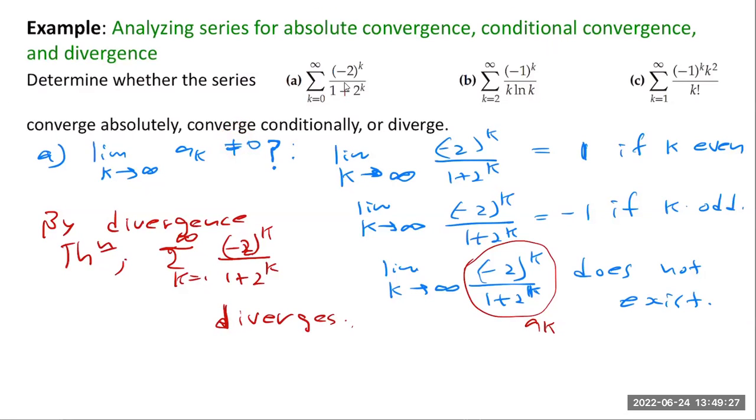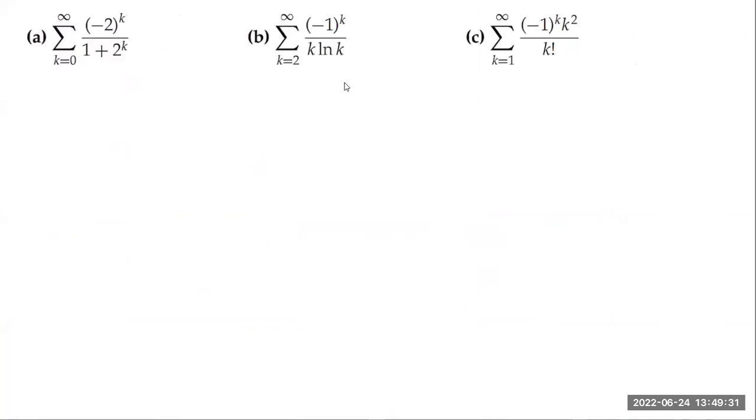Okay. All right, let's do part B now. How do we deal with part B? Well, for part B, I'm going to show that this series converges by showing that it is absolutely convergent.